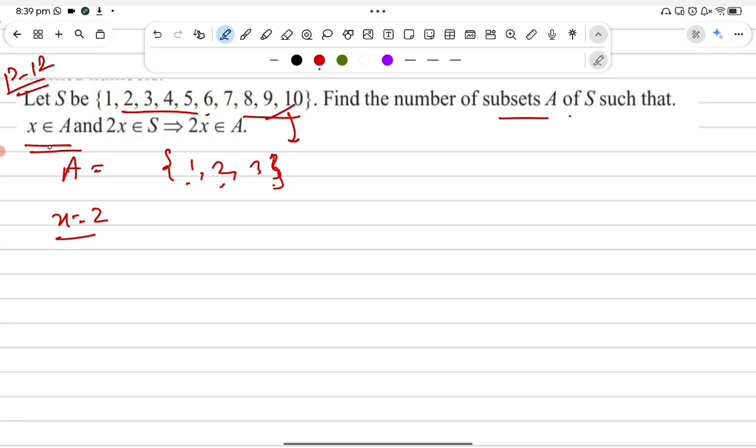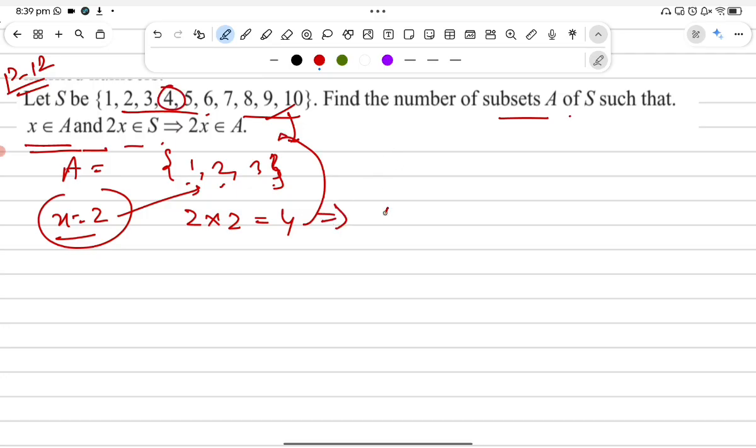So it says if X belongs to A, it does, and 2X belongs to S. Now we'll check. Does 2X belong to S? Does 4 belong to S? It does. Then this implies that 4 should also be in A. Is it in A? No, it is not. That means this is the wrong subset we have formed. I hope this is clear now.